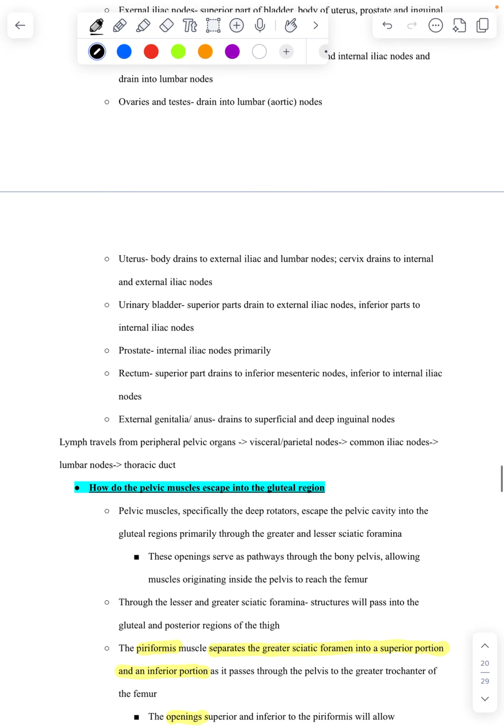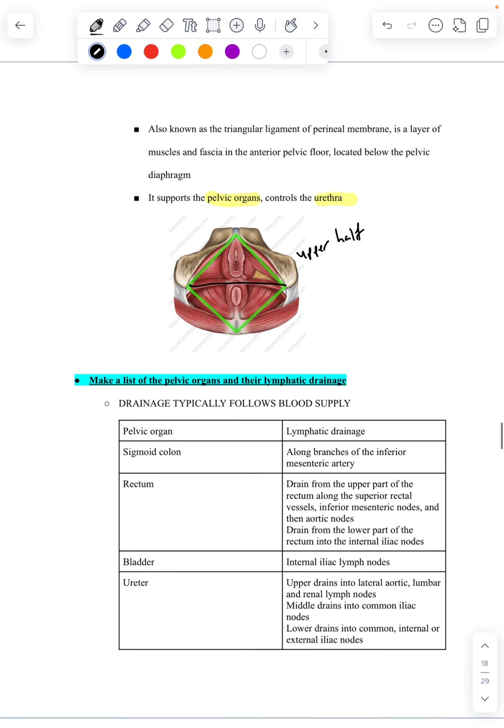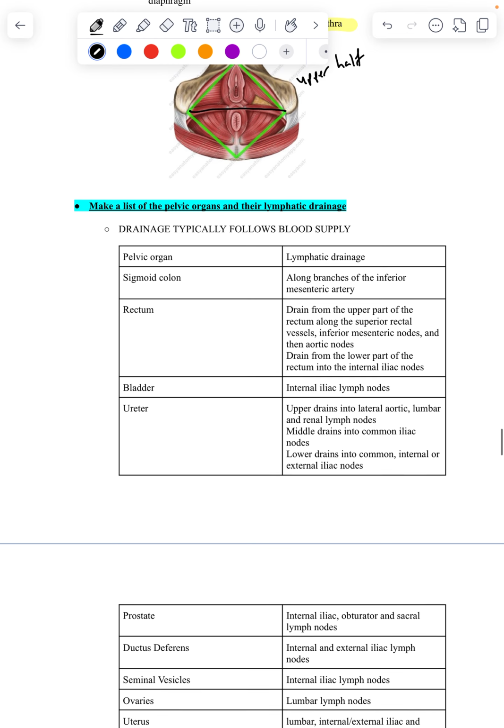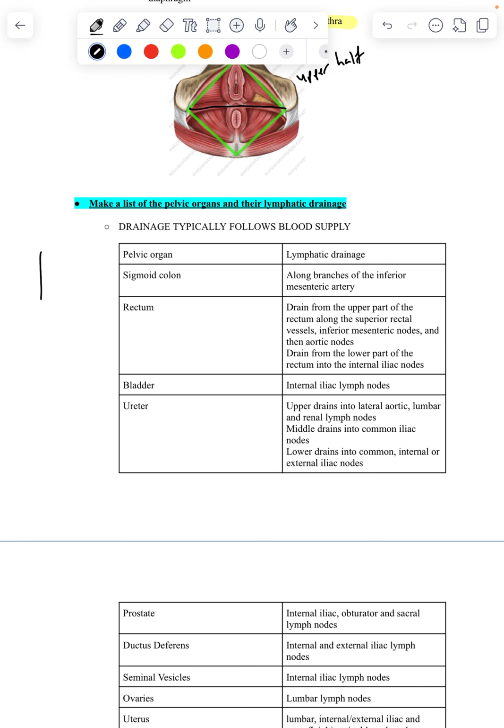These next 2 pages that have all the lymphatic drainage, I'm going to save for the lab video, because with stuff like this, if you understand where they're located, what they look like, what arteries supply them, you can understand the drainage. So for example, on your abdominal aorta, before it branches off, you have your celiac trunk, superior mesenteric artery, inferior mesenteric artery.